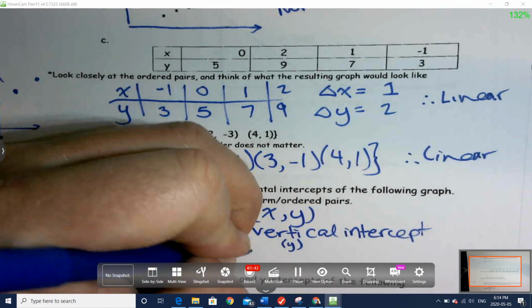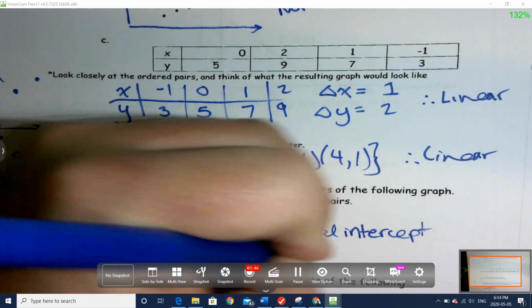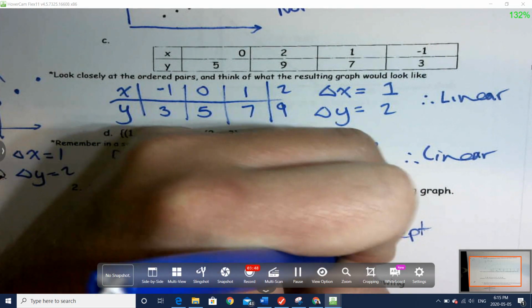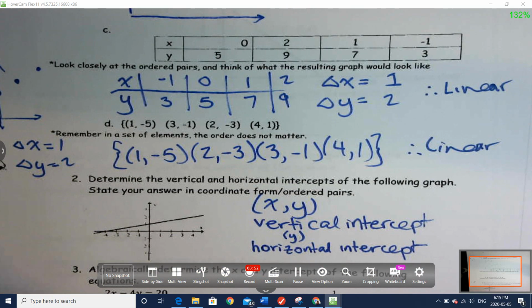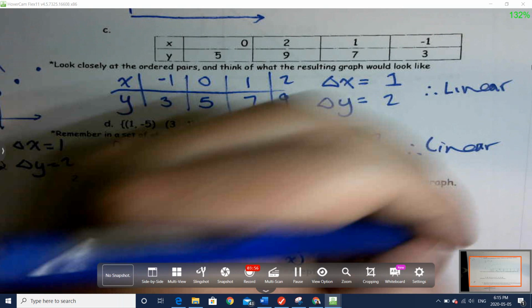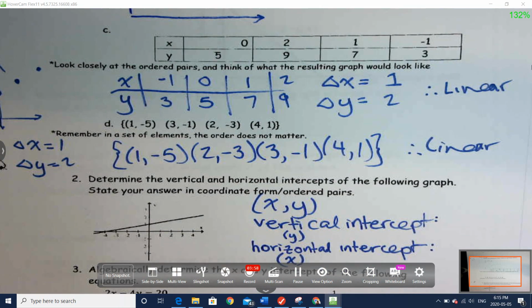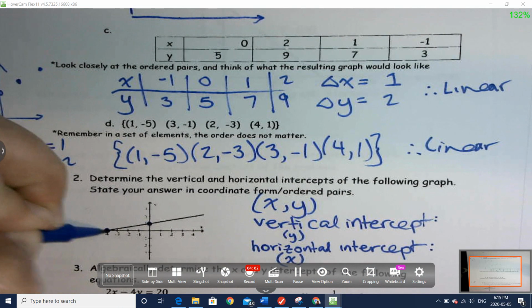Your horizontal intercept happens when you pass through the x-axis. Therefore, these two intercepts happen here and there.